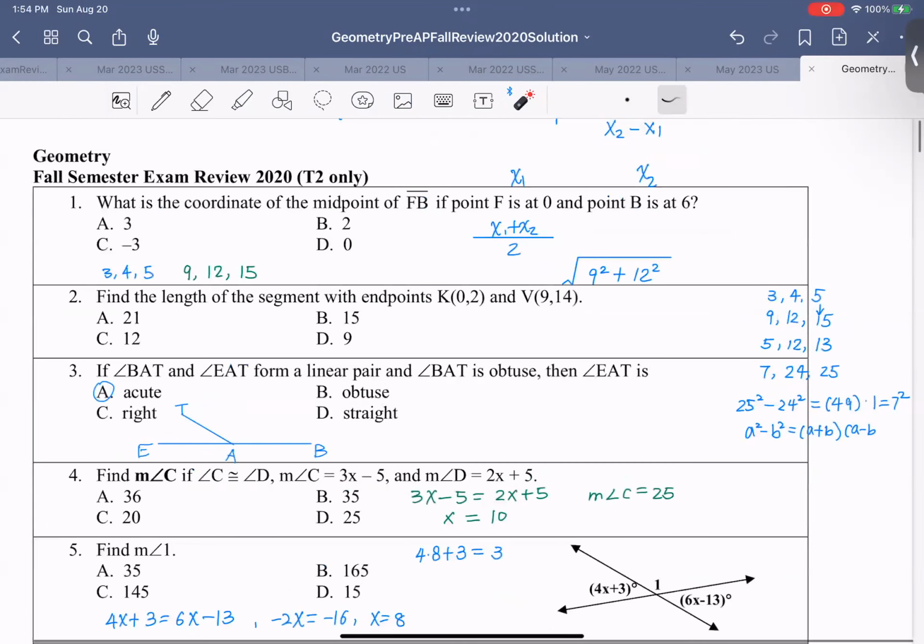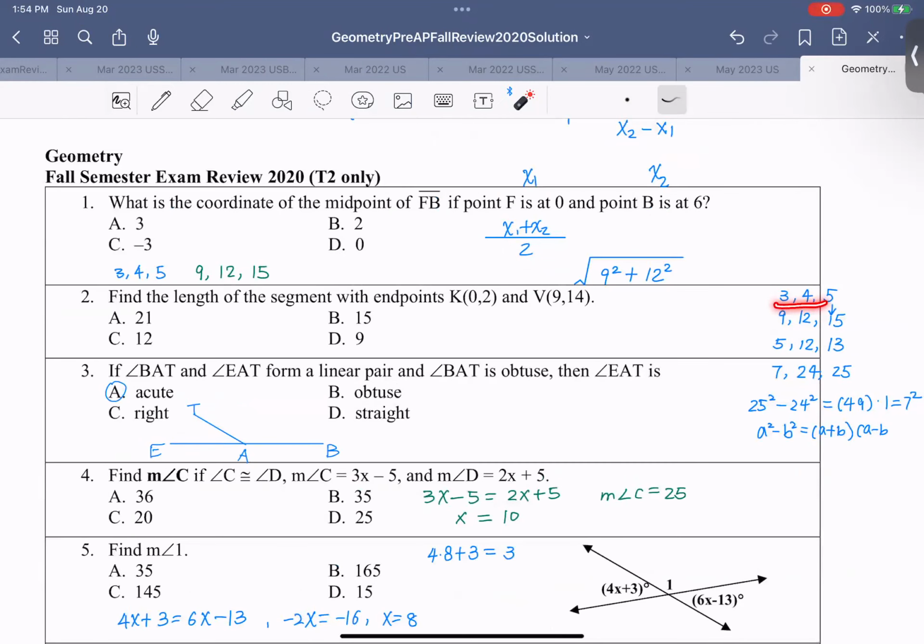What do we do? We have to keep in mind several numbers. You have 3, 4, 5. Then you double: 3 by 3 is 9, 4 by 3 is 12, 5 by 3 is 15. So in this way, you don't need to do the squares and the summation. You get the answer immediately.